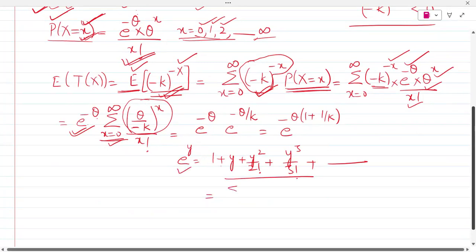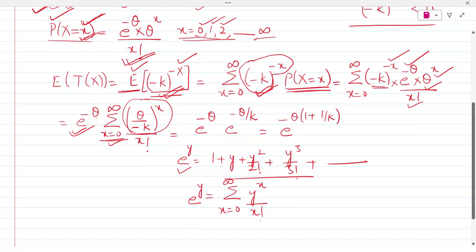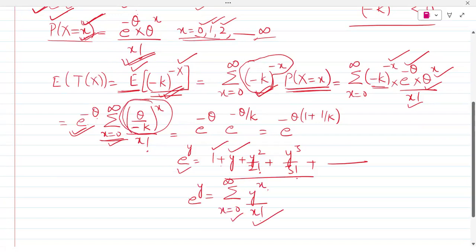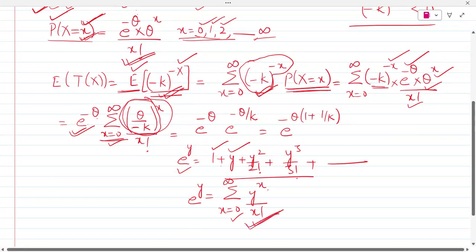We can write it as the summation of y^x divided by x factorial, with x from 0 to infinity. If you put x as 0 you get this term, x as 1 you get the next, and so on. So what is y here? It is minus theta by k, so that's why it is e raised to y.